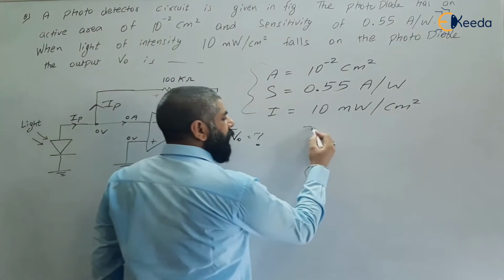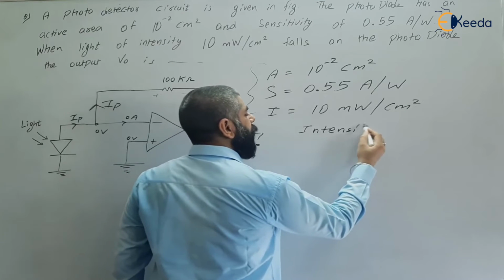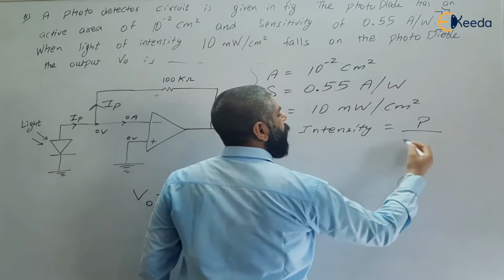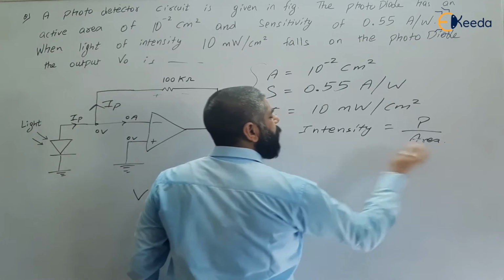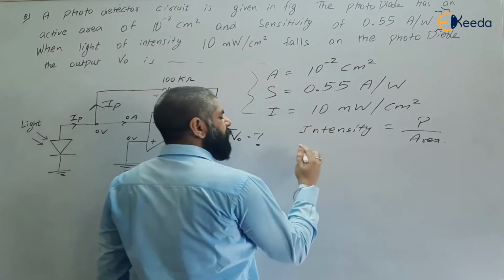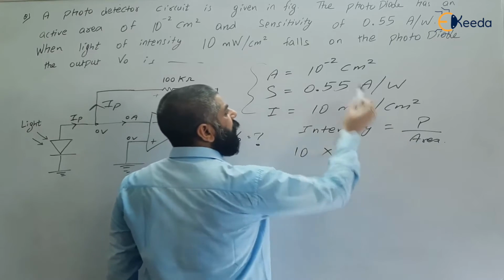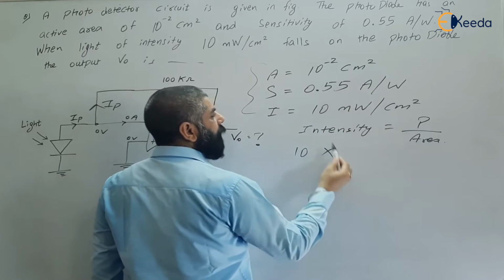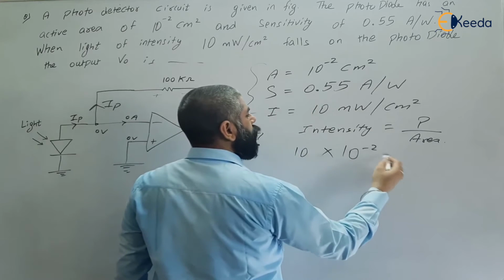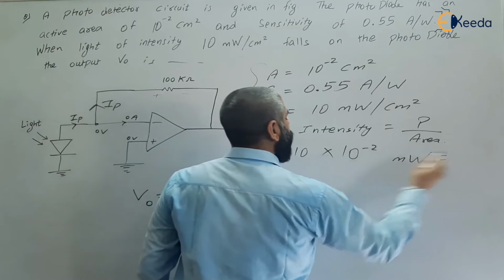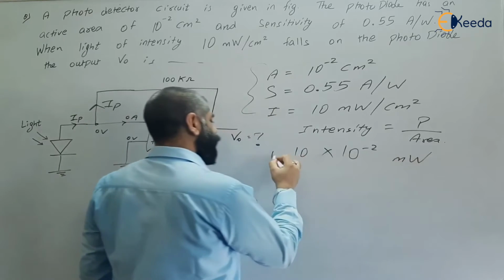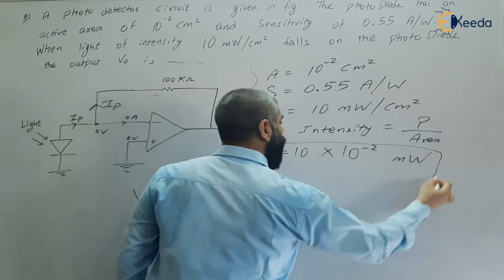So intensity equals optical power divided by active area. Intensity is 10 milliwatt per centimeter square, and the area is also given in centimeter square, so the power will be 10 raised to minus 2 milliwatt. This is the optical power.